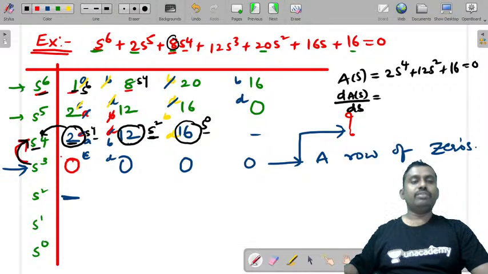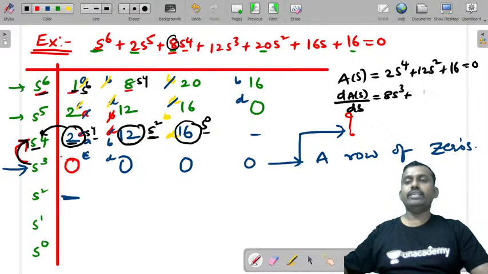So 2s power 4 plus 12s square plus 16 equal to 0. Differentiate it. 4 times 2 is 8s cube plus 12 times 2 is 24s. Differentiation of a constant is 0. So this will give you 8s cube plus 24s.